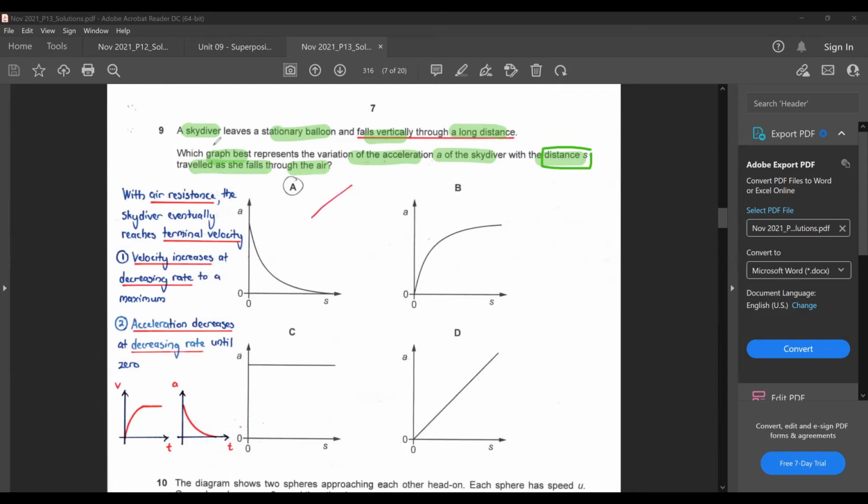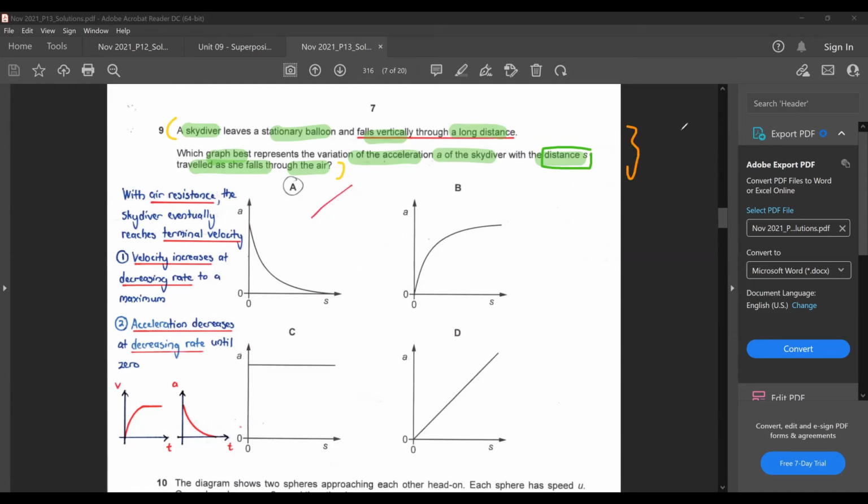One of the things that I mentioned to you before is that whenever you do your questions, and they didn't mention air resistance is negligible, you have to always assume air resistance is in. In your question here, when you read this, they never once mentioned air resistance is negligible. So you have to assume air resistance is present.